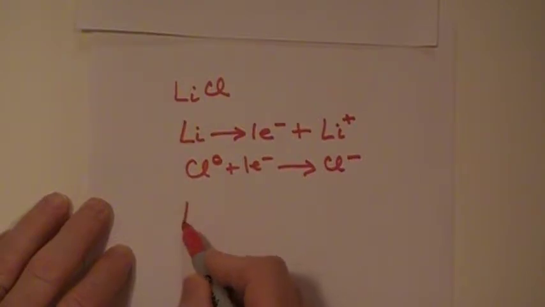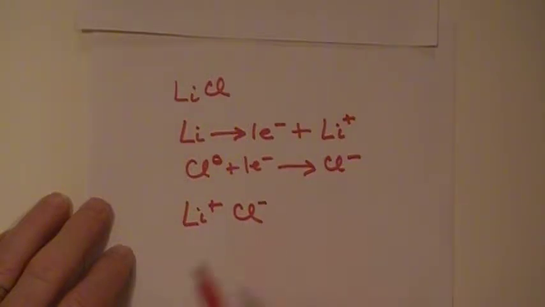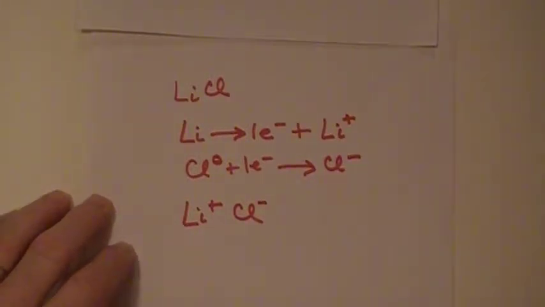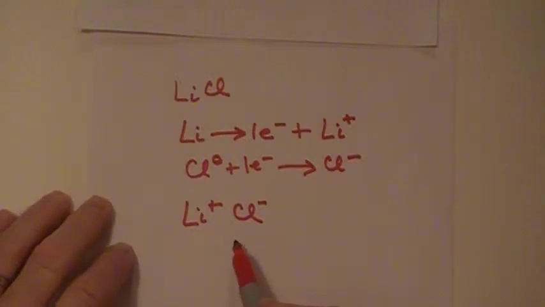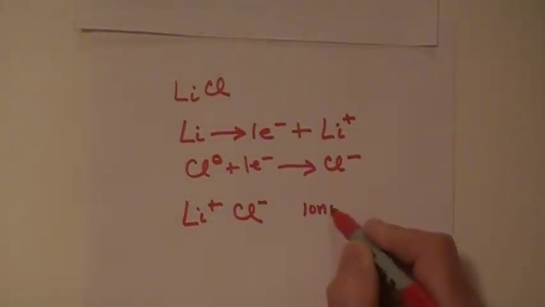Lithium chloride is an ionic compound. In a crystal, it's composed of lithium plus and chloride minus ions, and it conducts electricity when you put it in water because these charges can help move charge. This is an ionic compound.